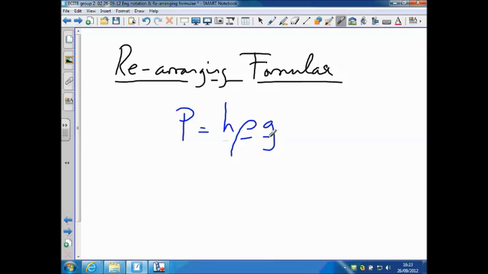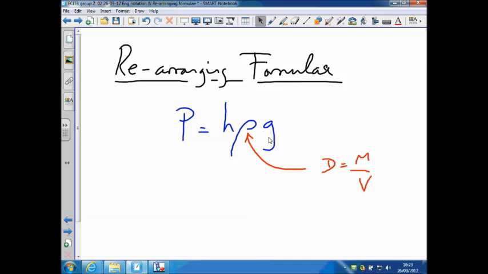If I don't know any of those three things, for example the density, I might end up having to use another formula to find the density, which you've seen already is the mass over volume. So I might have to do a preliminary calculation to find the density, given the mass and the volume. Once I know the density, I can then plug that into here to find the pressure.